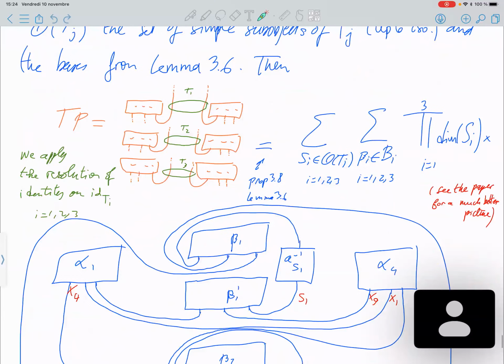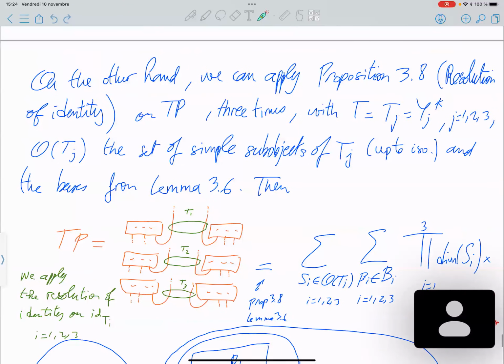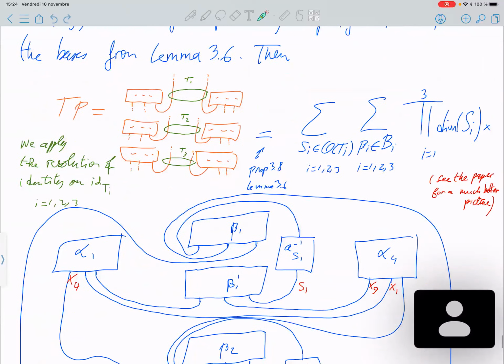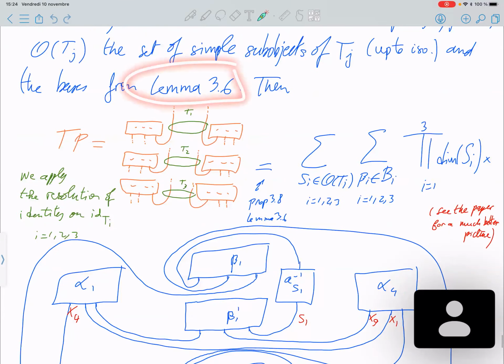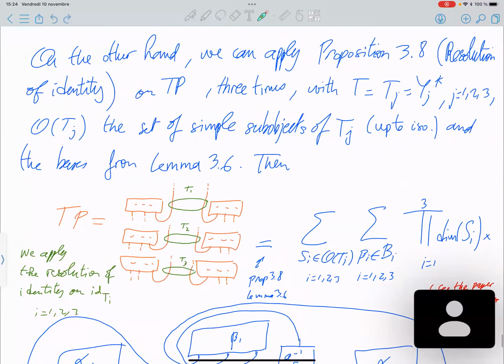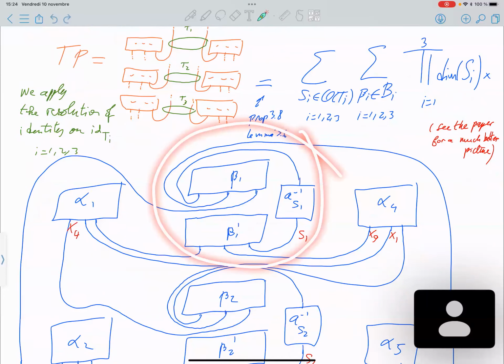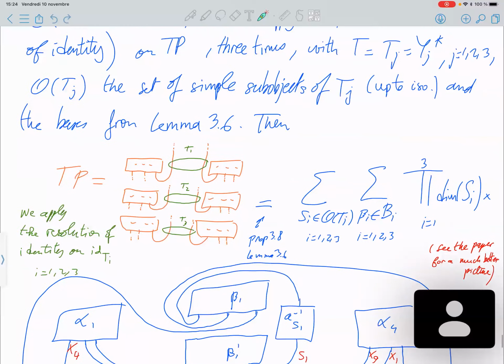Remember, the basis involved in this proposition was in fact a composition of bases from the basis in lemma 3.6. That is why we realize this resolution of identity using this basis, which looks complicated. It's a composition, but if you go to proposition 3.8 and lemma 3.6, this is exactly what we get.